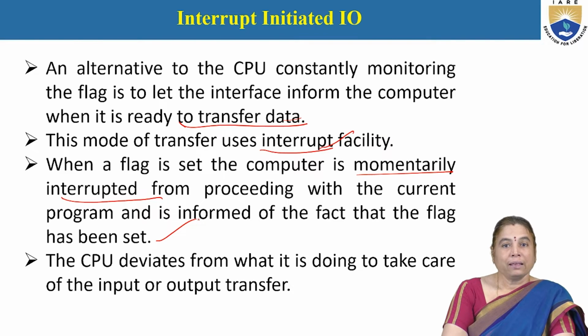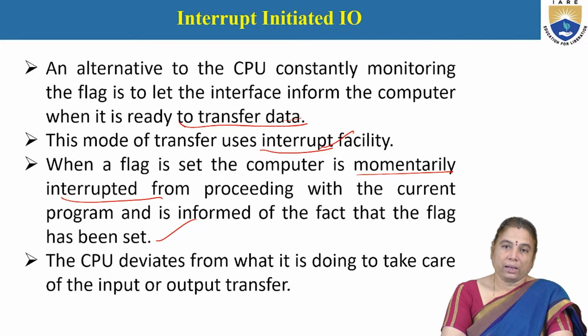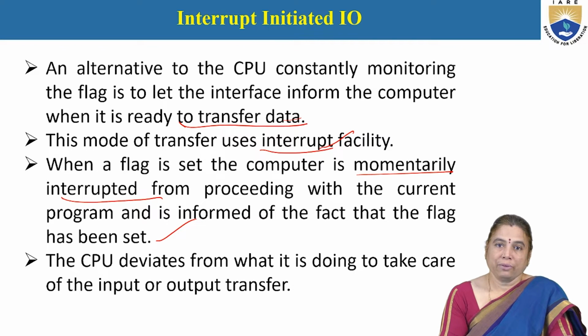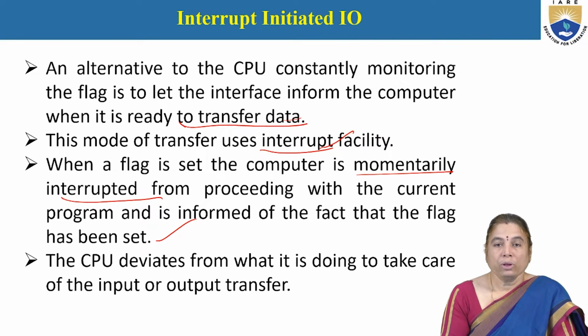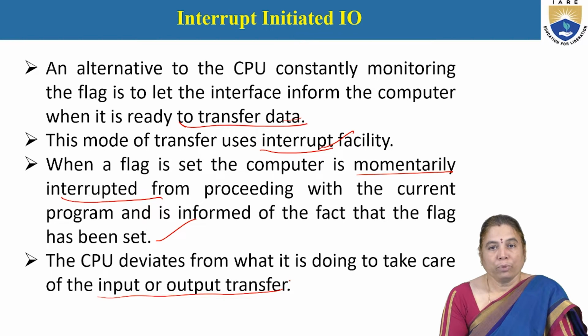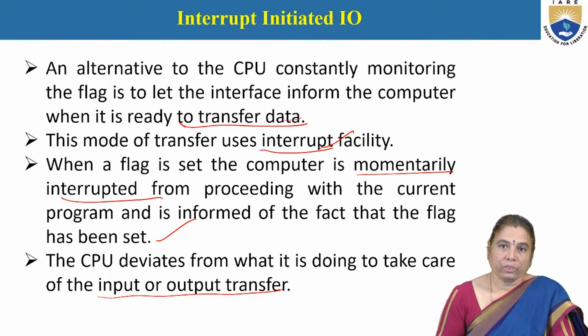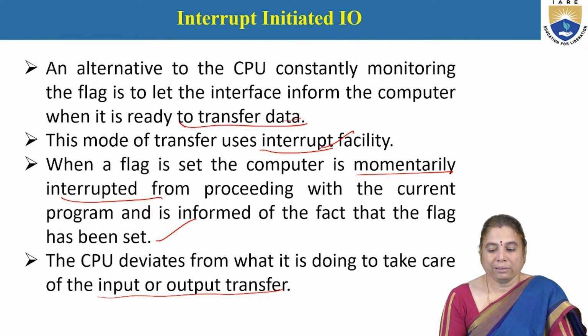So in this case, if the status register flag is set, an interrupt is automatically raised by the IO interface to the CPU so that the CPU can be involved in the IO transfer. The CPU deviates from what it is doing to take care of it, and it has to majorly get involved in the input-output transfer. So this method of data transfer is called interrupt-initiated IO.